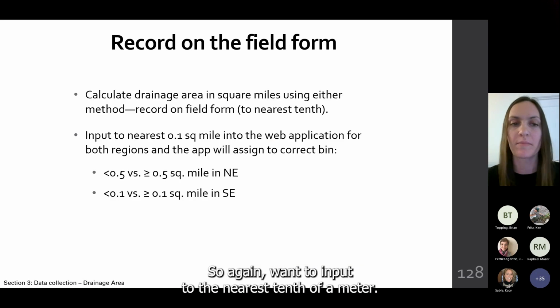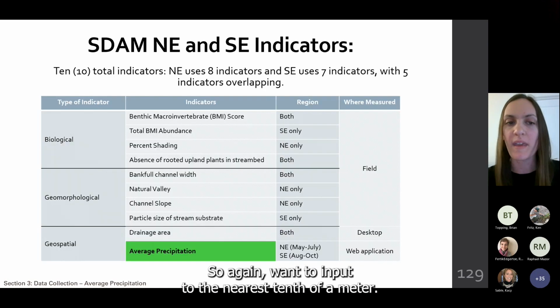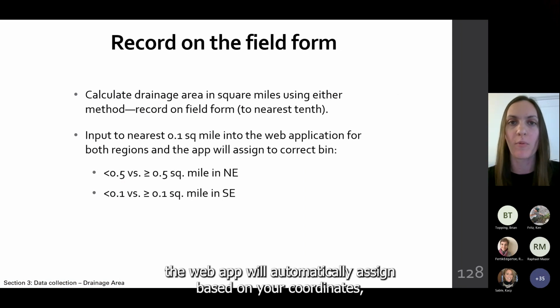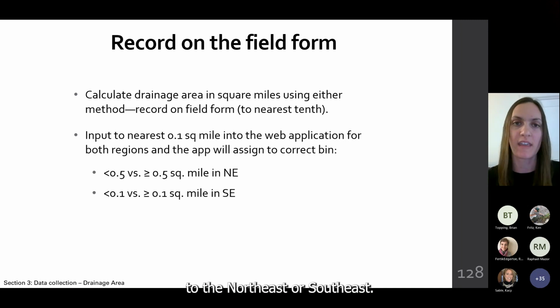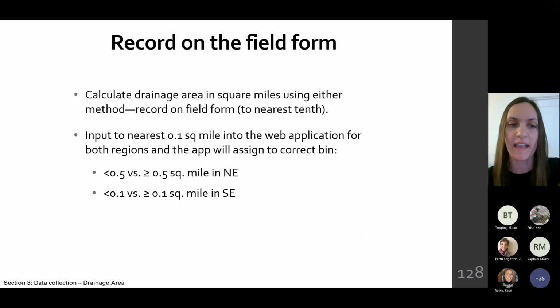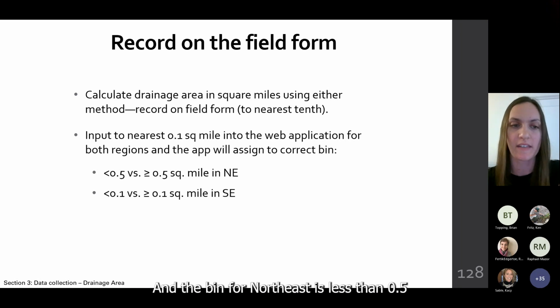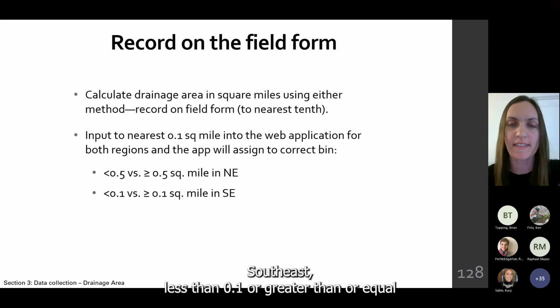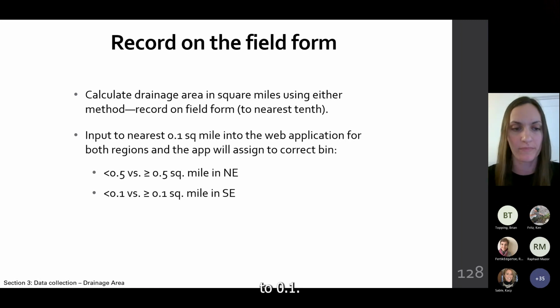So again, input to the nearest tenth once you're using the web application, and the web app will automatically assign the northeast or southeast based on your coordinates. The bin for northeast is less than 0.5 or greater than or equal to 0.5 square miles. Southeast is less than 0.1 or greater than or equal to 0.1.